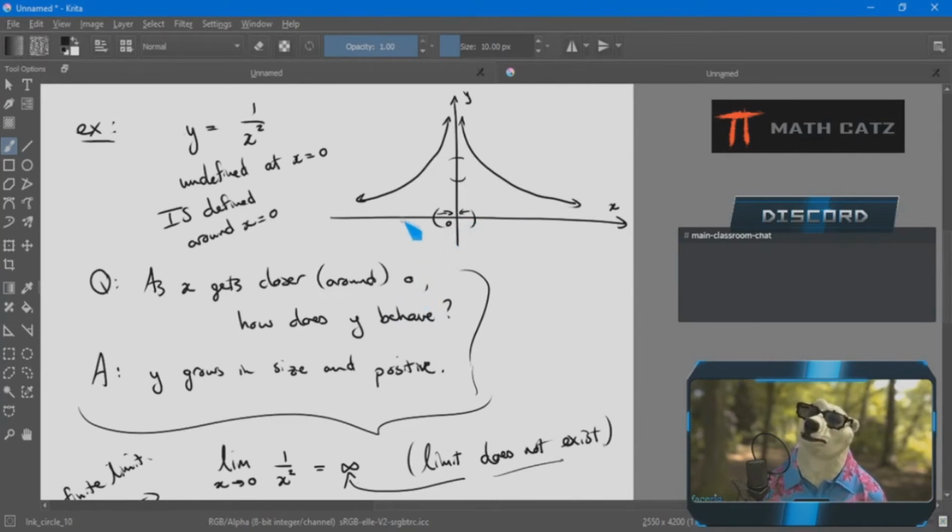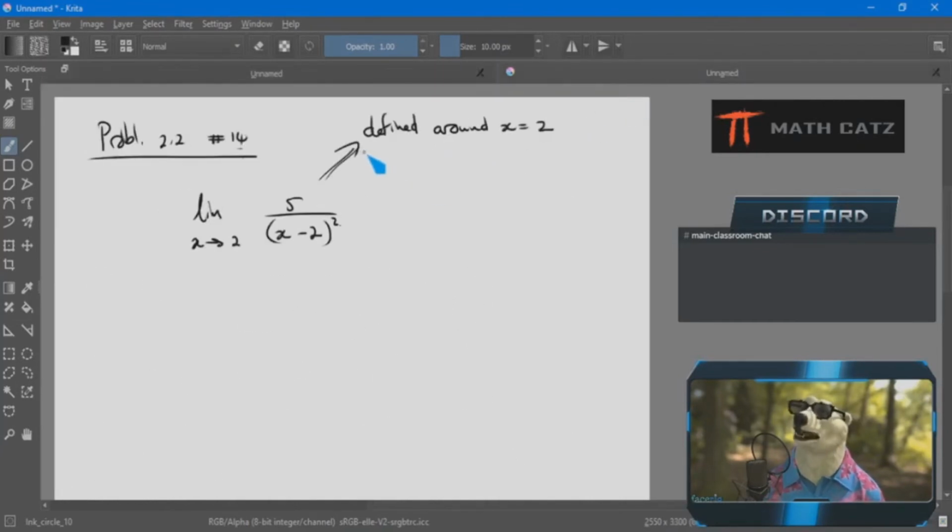It's concerned with what the function is hinting at, which way it is going as I get closer to that x value. I will never be there. So we only require that the function is defined around the x value, not at the x value. It could be, it could not be. I could not care less, to be honest. That's not a part of the discussion.